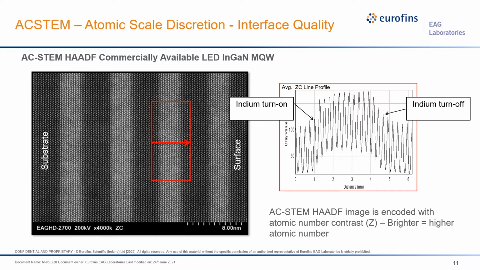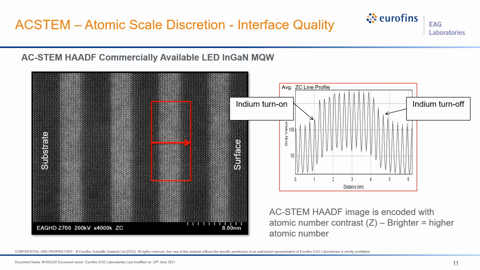I forgot to mention here, this high angle annular dark field image actually encodes for average atomic number, so it's also known as Z contrast imaging. So here where you see the bright columns, this has indium incorporated into it, versus the inner layers here with just gallium nitride. And so when you take the line profile, you can see a change in intensity due to the indium composition within that layer.